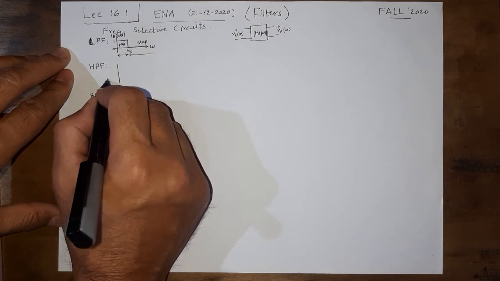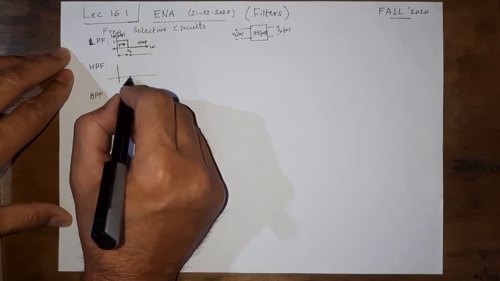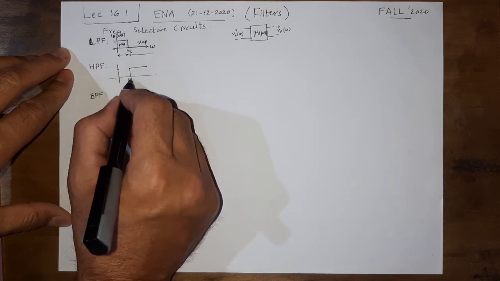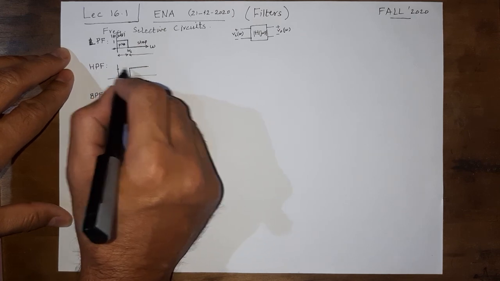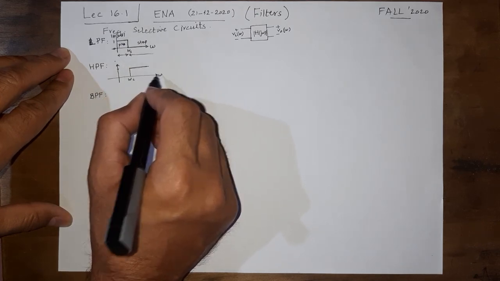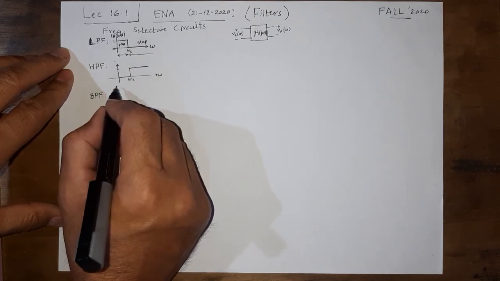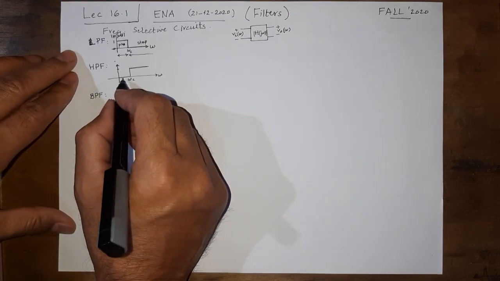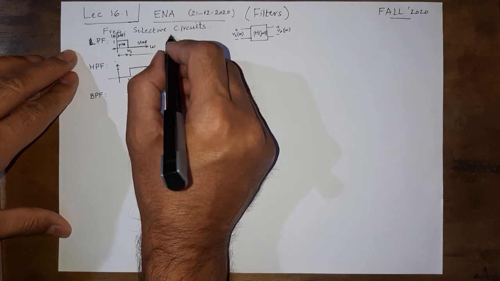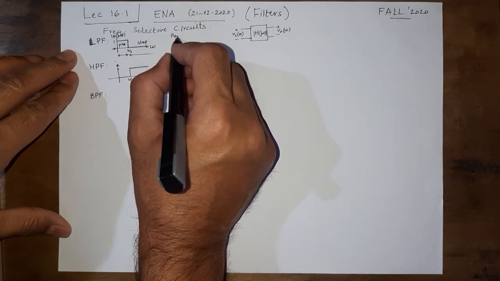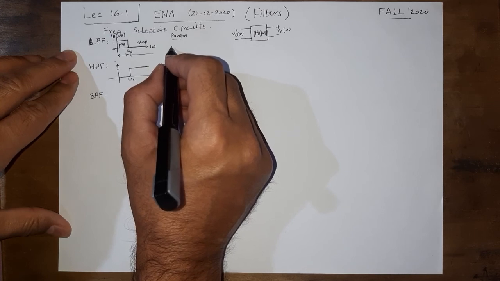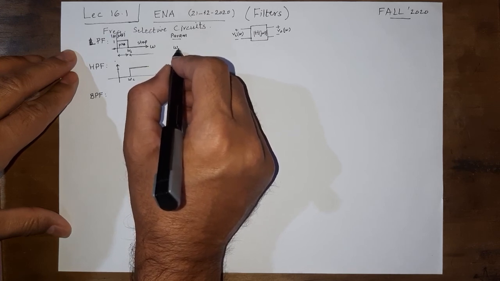And a high pass filter with the same cutoff frequency would be something like this, that allows the input to go to the output or pass the circuit when the frequency is high, but when it is low, it is not allowed to pass. Some important parameters of the filters are, when we are dealing with a low pass filter, the cutoff frequency.